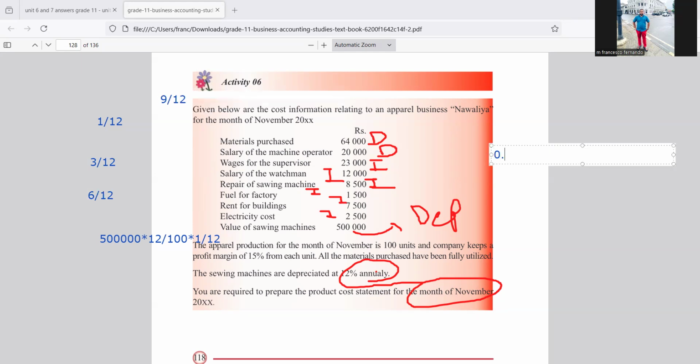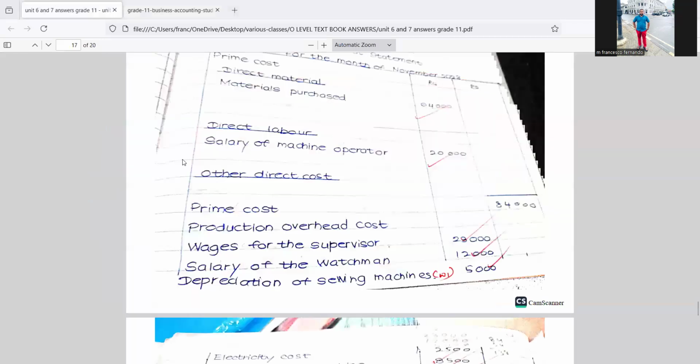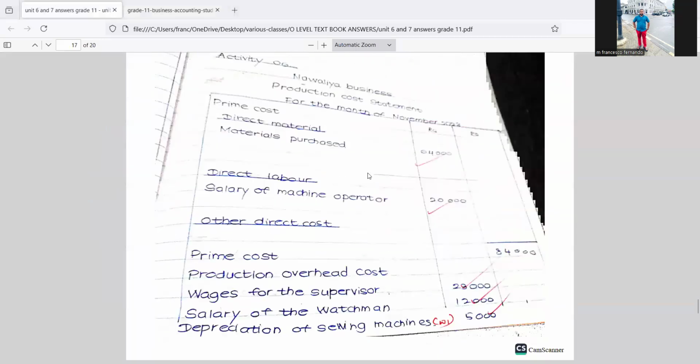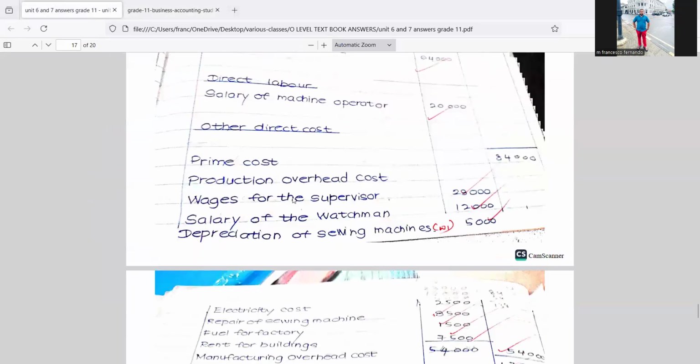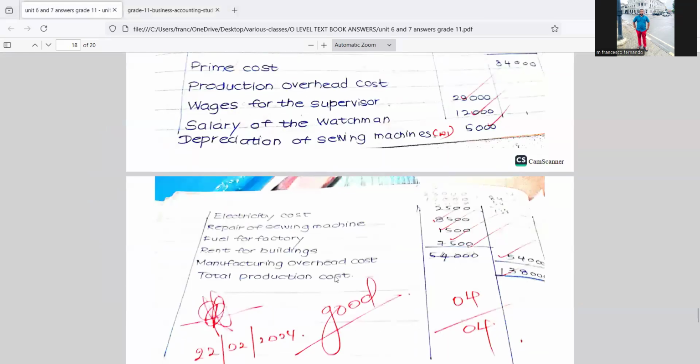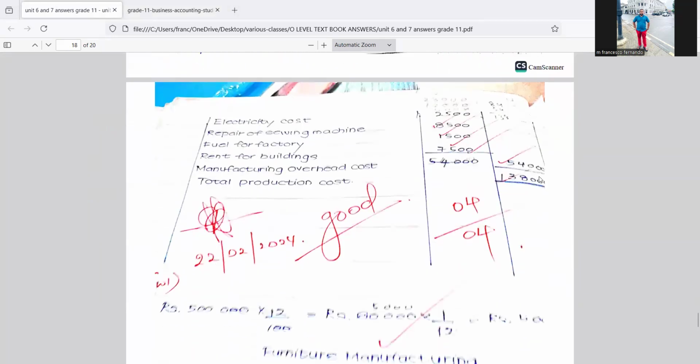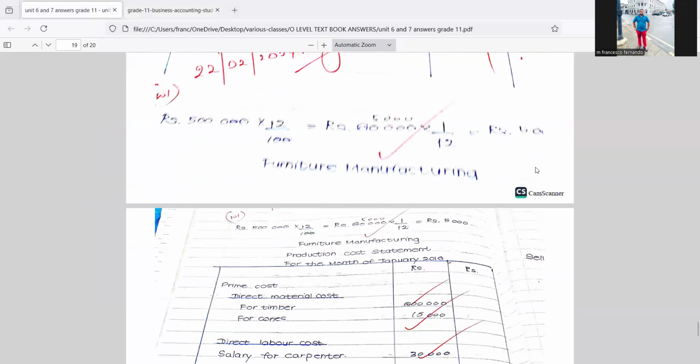If it is for half a month, 0.5 over 12. Then you can enter this in the production cost statement like this. So direct material, direct labor, and get the prime cost. Then record all the overhead costs and get the total production cost.